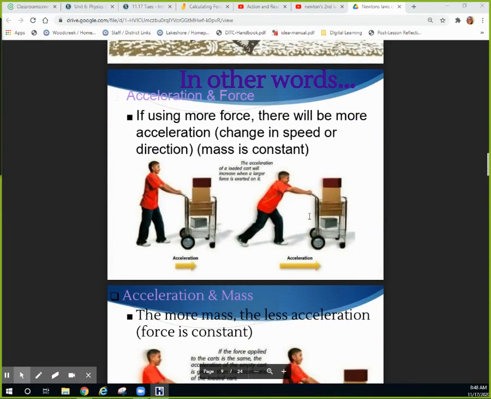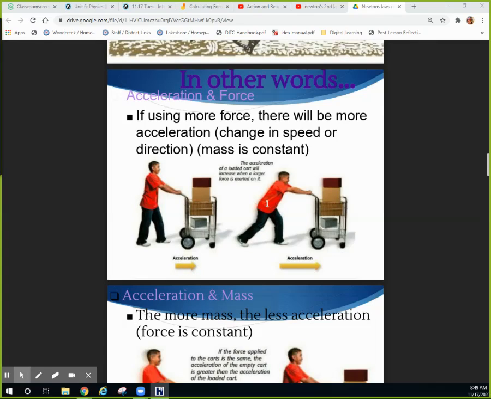So we'll look at it this way. If using more force, there will be more acceleration, which is a change in motion. If you barely touch something, you might not see that much of a change in its motion. The acceleration of this loaded cart will increase when a larger force is exerted on it. He's barely pushing the cart and the cart is barely moving.